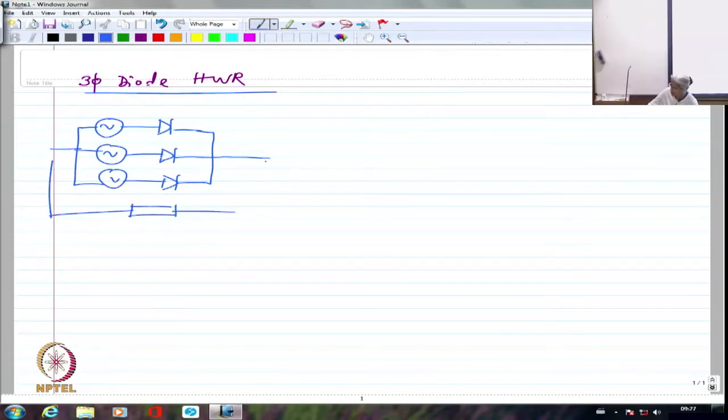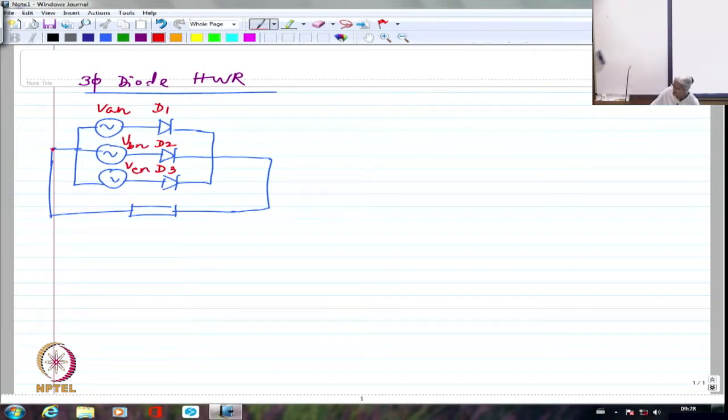Right, this is what we said, and we had called these 3 as D1, D2 and D3 respectively. This was VAN, this was VBN and this was VCN. We called this point as the neutral point, and I may call this as some O, doesn't matter.